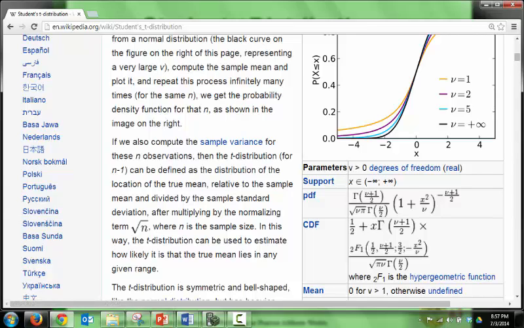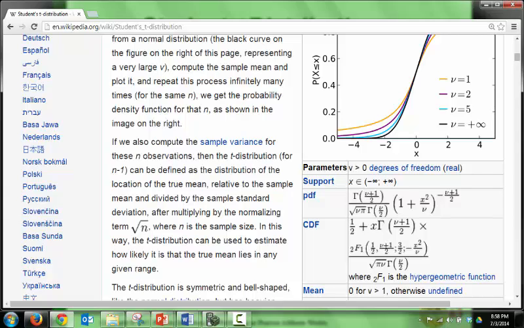So this is a PDF, which is what we would be looking for. It's a little bit more complicated. It requires this thing called the gamma function, gamma of, and this is actually a Greek letter, it's mu, not v, mu plus 1 divided by 2, and then there's a square root of this, blah, blah, blah, and this is raised to a power.